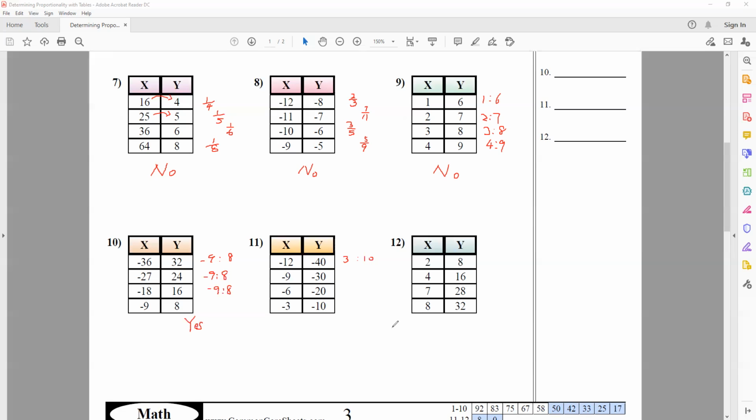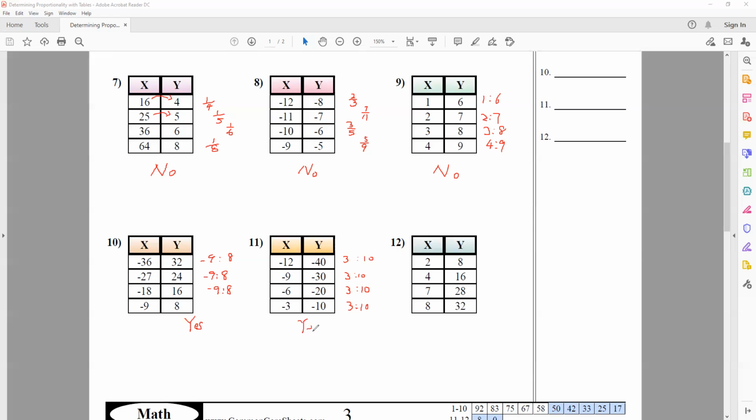And then that one is also 3 to 10. And the last one would be 6 to 20, right? Just a 6 to 20. So wouldn't that be also 3 to 10? Right. Divided by 2. And then the last one is also 3 to 10. Yes. Okay. Yep. Good. Those are yes.